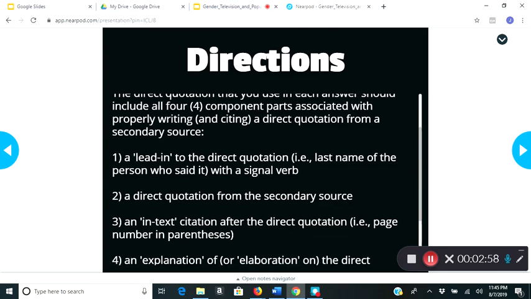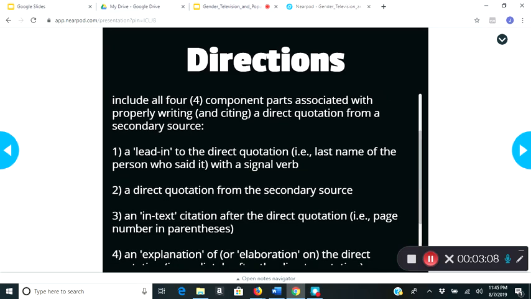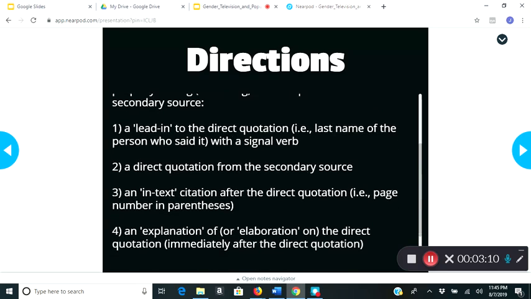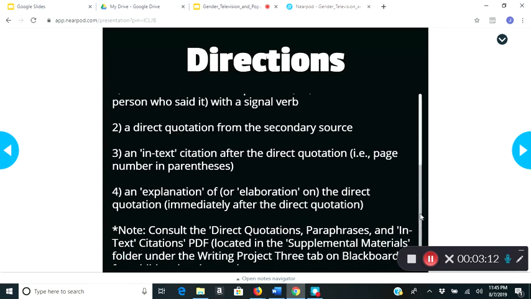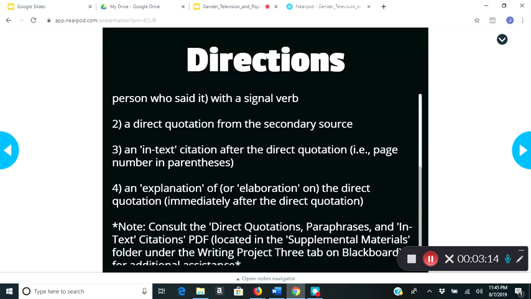They should have a lead-in with the last name of the author or the person who said it, with some kind of signal verb. They need the direct quotation itself from the secondary source. They need the in-text citation after the direct quote, which for this particular source would be a page number in parentheses, since this is a written secondary source.